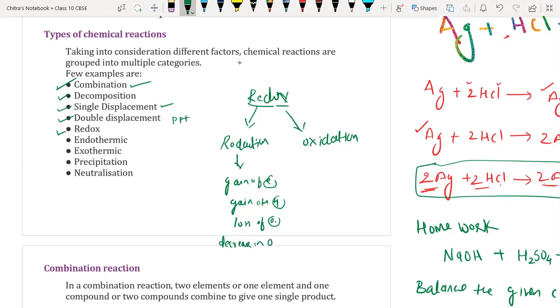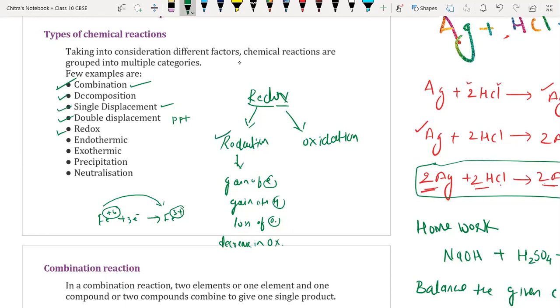Like if we have Fe6+ ion, it will gain 3 electrons to form Fe3+ ion. So here electron gain takes place, and the oxidation number of iron decreases from +6 to +3. It is nothing but a reduction reaction.